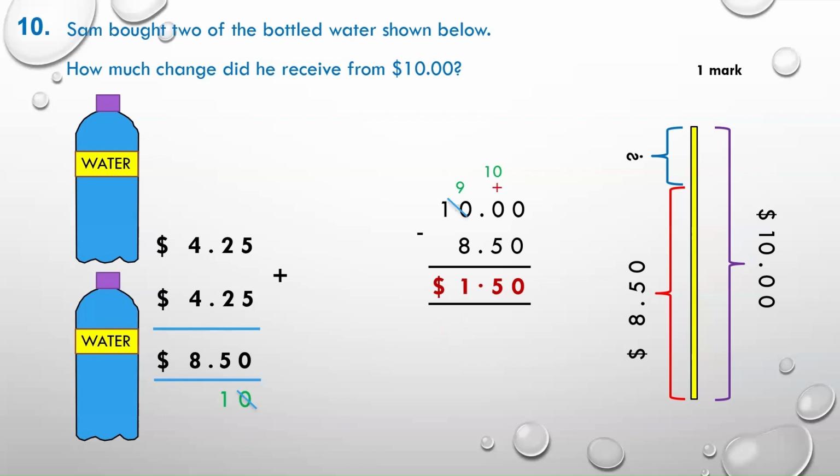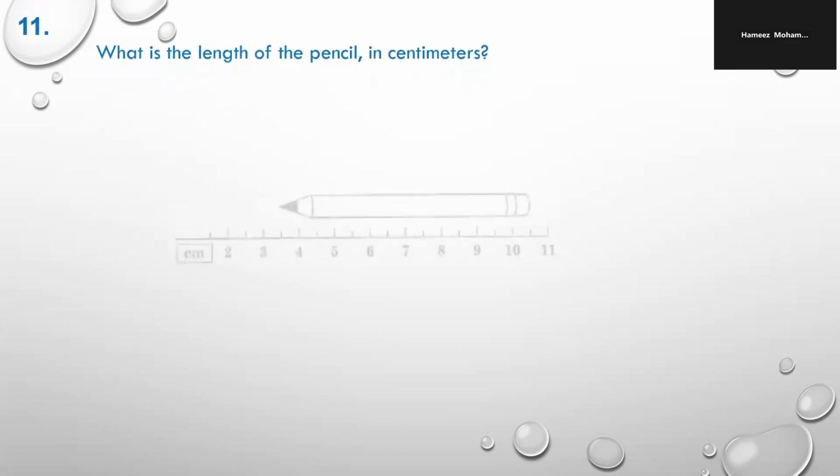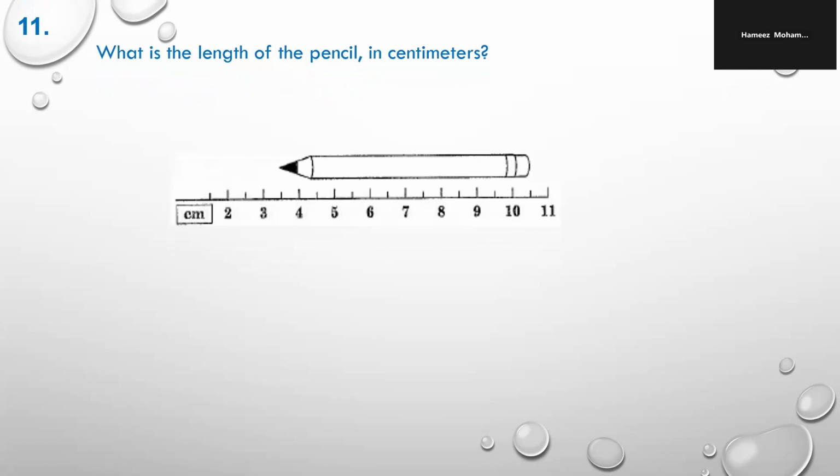Okay, so let's go on now to number 11. Number 11, what is the length of the pencil in centimeters? So if we notice that the ruler there, where the pencil lies, is not at the starting point of 0, where the pencil point is on the left.